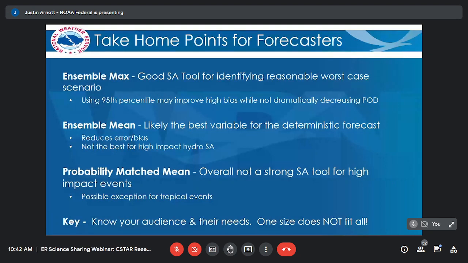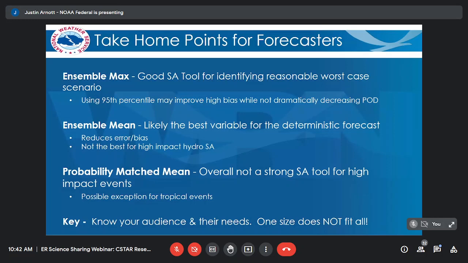So finally, take home points for forecasters. The ensemble max is really a good situational awareness tool for identifying the reasonable worst case scenario. And using the 95th percentile may improve the high bias while not dramatically decreasing the POD. The ensemble mean likely is the best variable for the deterministic forecast.